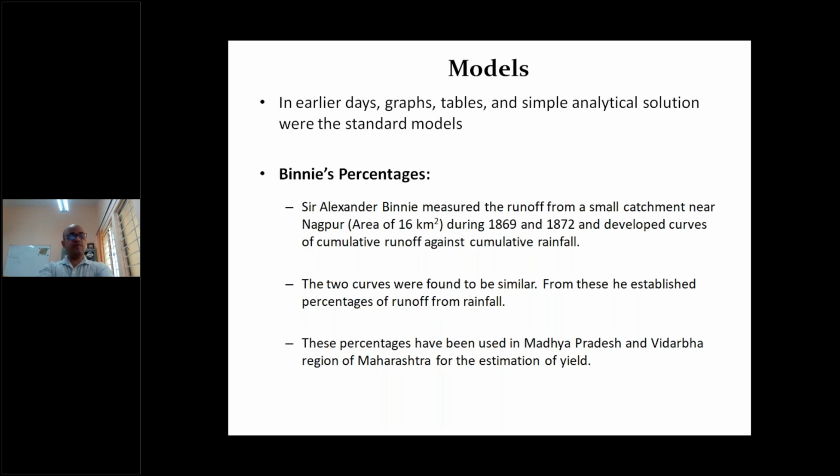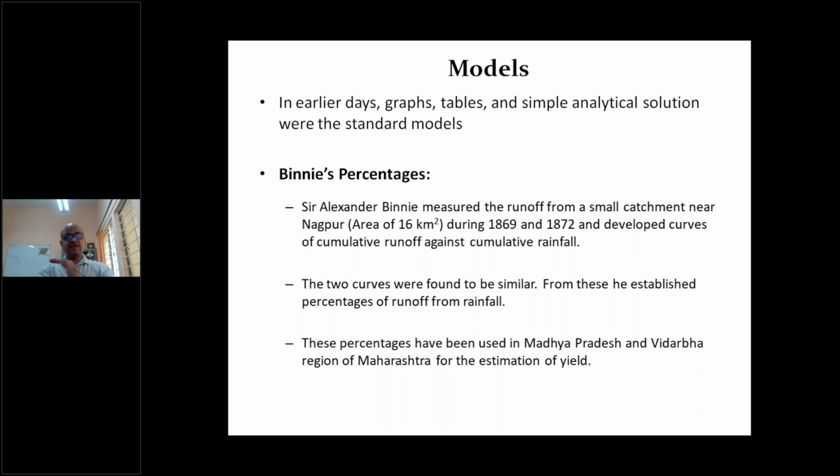There is one called Strange's percentage model, where Sir Alexander Binnie used the observed data of a small catchment near Nagpur to estimate the relation between cumulative rainfall and cumulative runoff. What he found was that cumulative rainfall and cumulative runoff have similar curves.